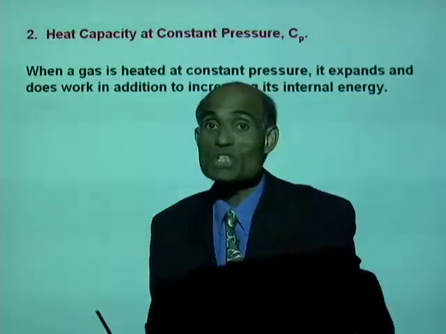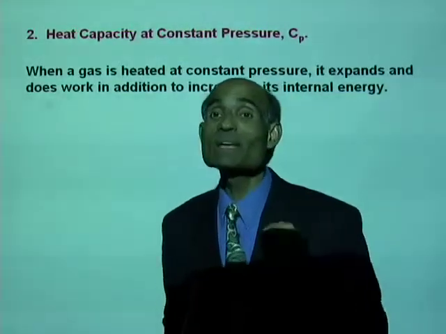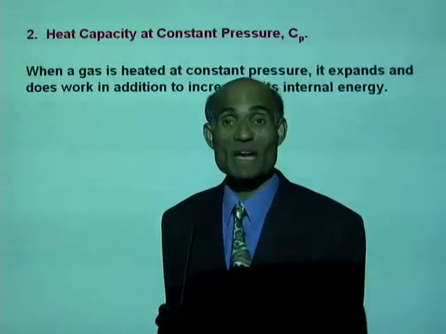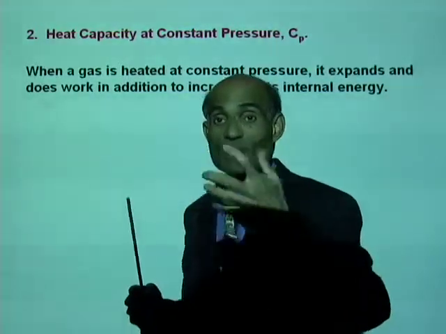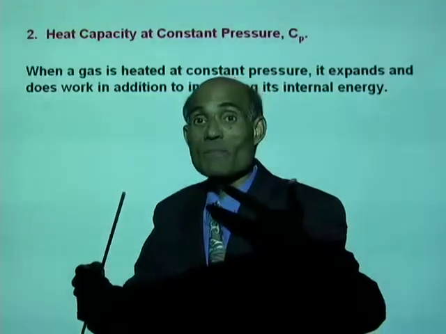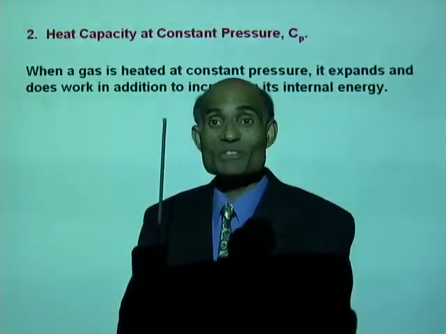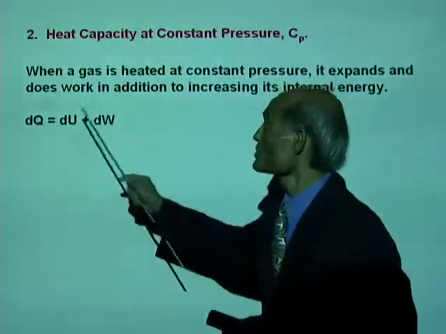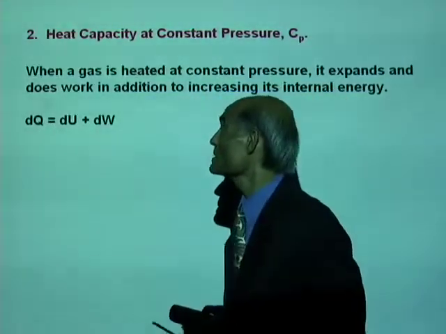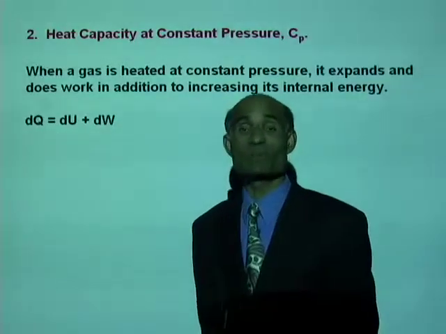So both these things happen when you supply heat to a certain amount of gas at constant pressure. Its volume increases, which means it will do work, and the internal energy increases, that means there is a change in the internal energy. So dQ equals dU plus dW.